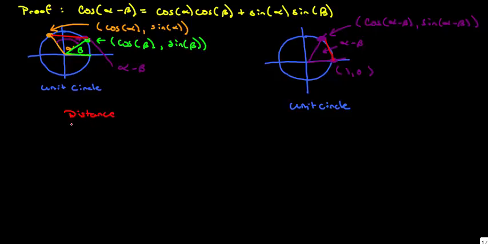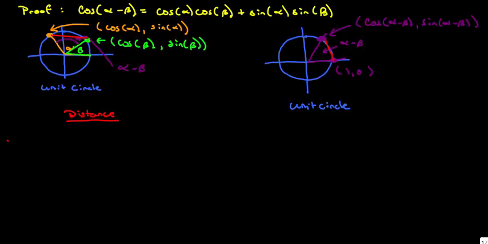We'll call it distance, and we'll use a distance formula. The distance between 2 points is the sum of the difference between the x values squared and the difference between the y values squared. Then you take the square root of that.